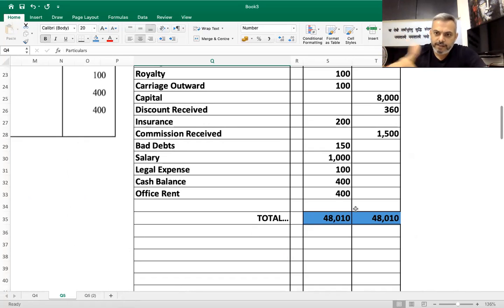In further sums, we are going to see this in sum number 6. We are going to see what exactly a suspense account is. So in our next session, we will discuss how a suspense account comes and how to record it when our trial balance does not match, even when everything we have done is correct.